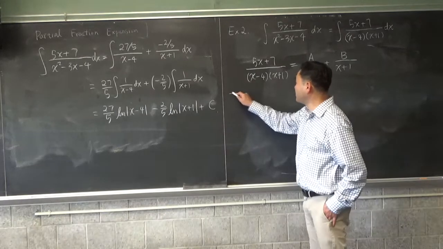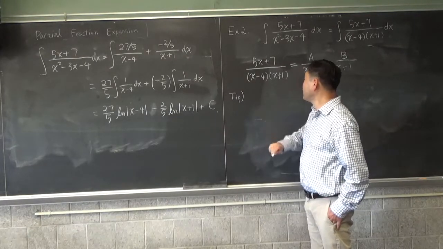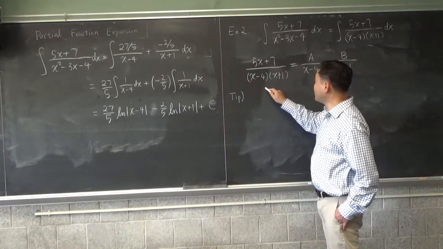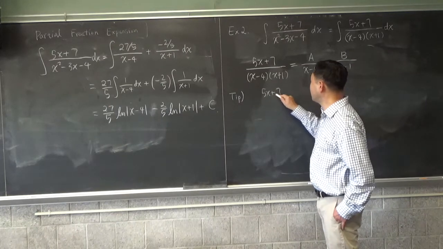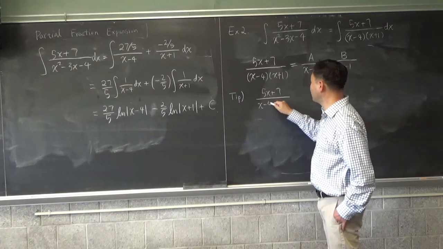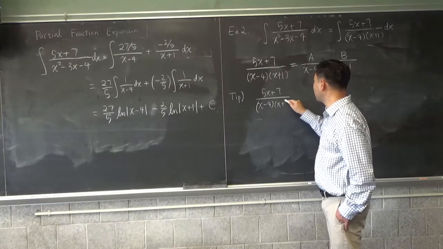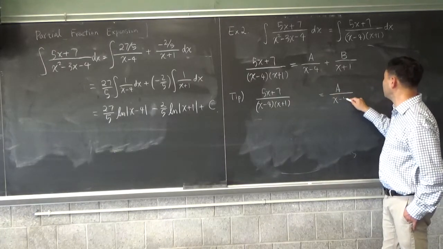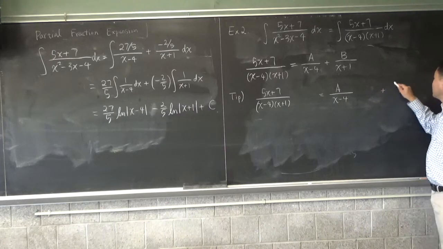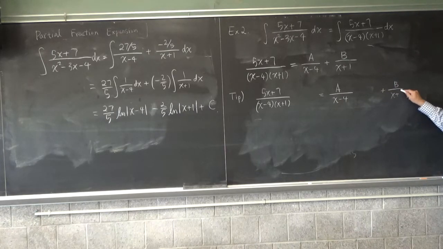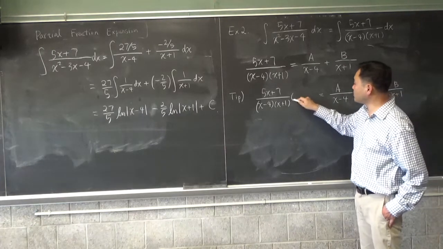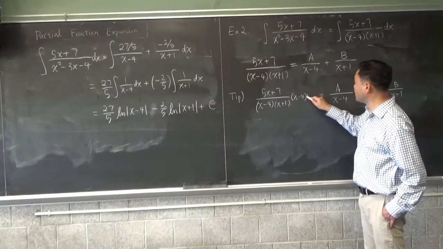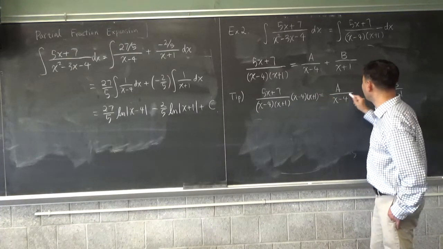Here's a tip. You want to multiply. So you have this identity, right? You want to multiply this x minus 4, x plus 1, both sides.